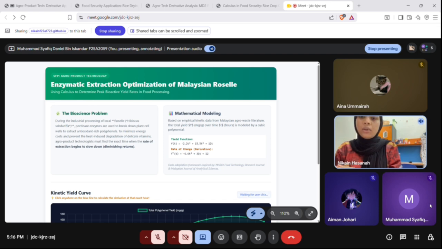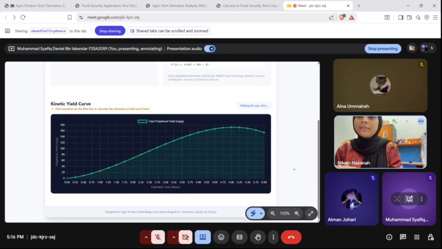Second section, mathematical modeling. Next, the section shows the mathematical model used in this project. The yield function is f of t equals negative 2.2t cubed plus 50.5t squared plus 12t.